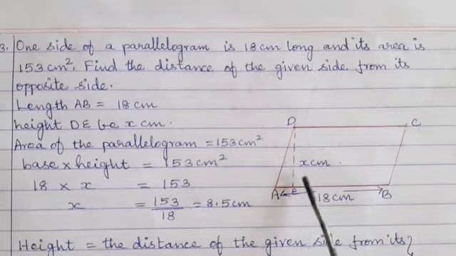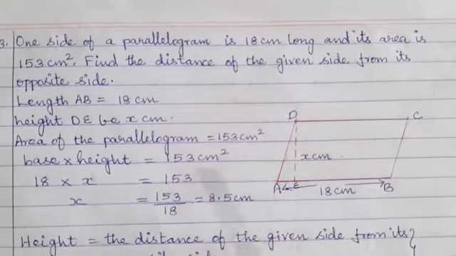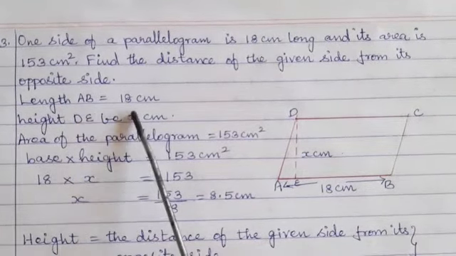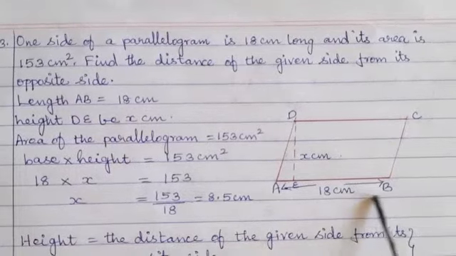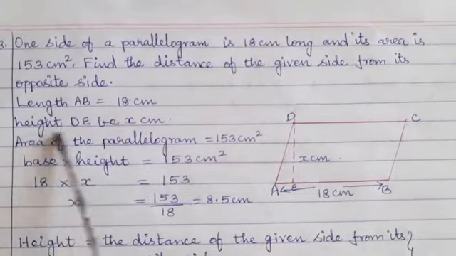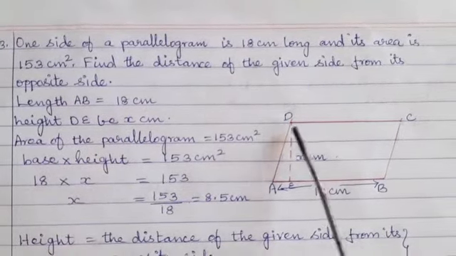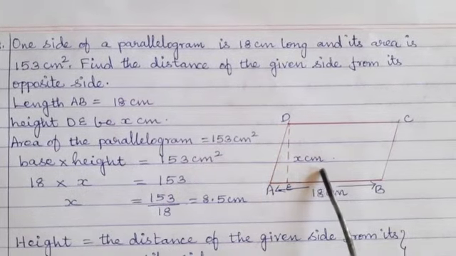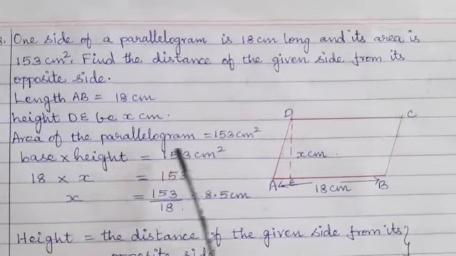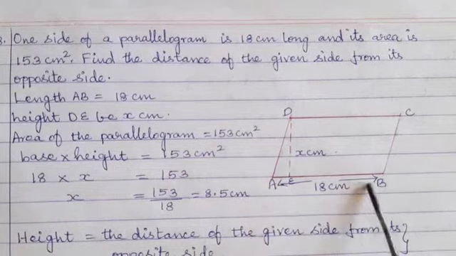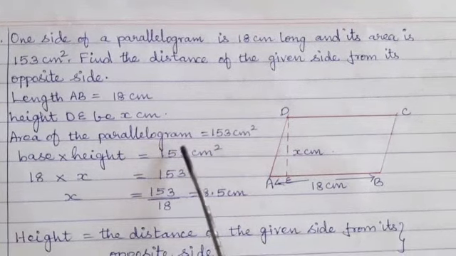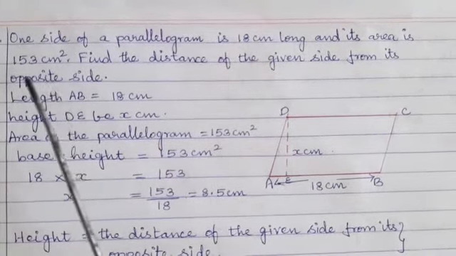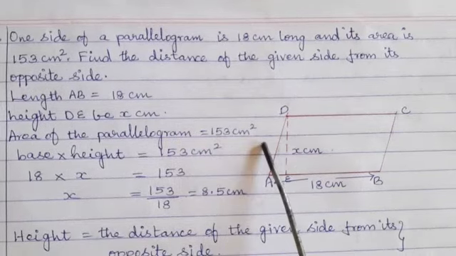Now we are going to find out the height DE. That should be x centimeter, we are assuming. Length AB equal to 18 cm. Height DE be x centimeter. Area of the parallelogram formula, base into height. Write the formula. Then it is already given here, 153 cm squared.